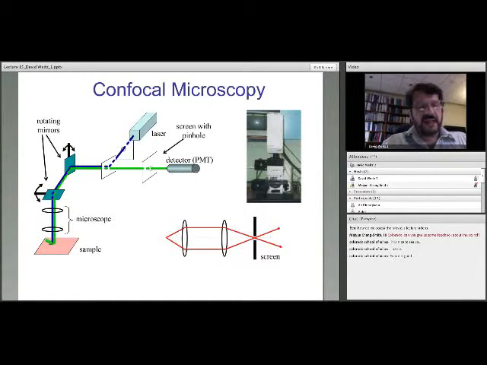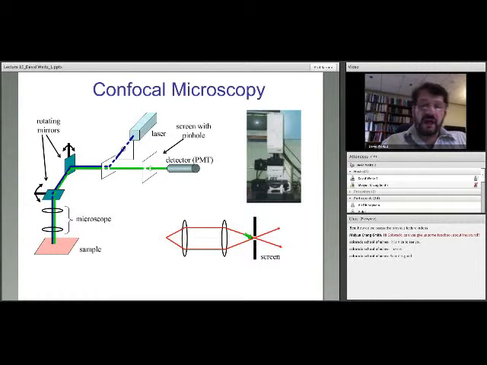At that point, it excites fluorescence, and the fluorescence is passed through the same optical chain and back up to a detector. However, there is a pinhole that exactly matches the diffraction limited spot that is confocal to the focal plane of the sample.